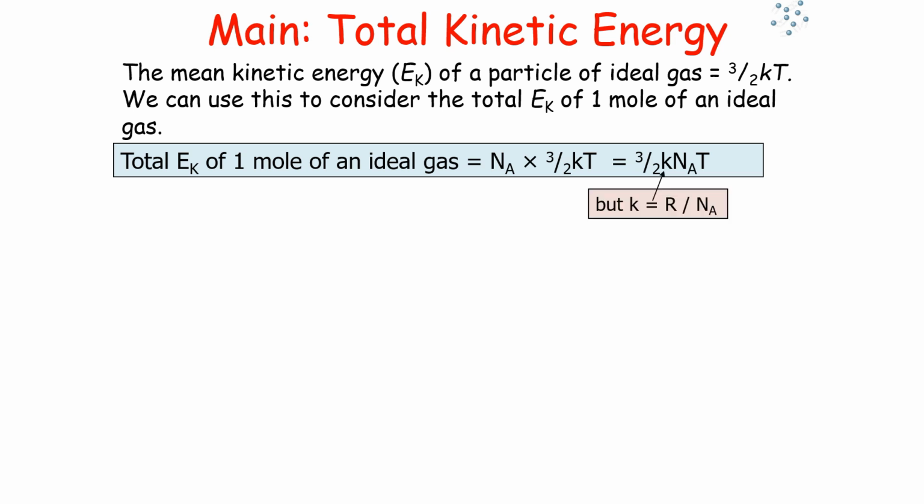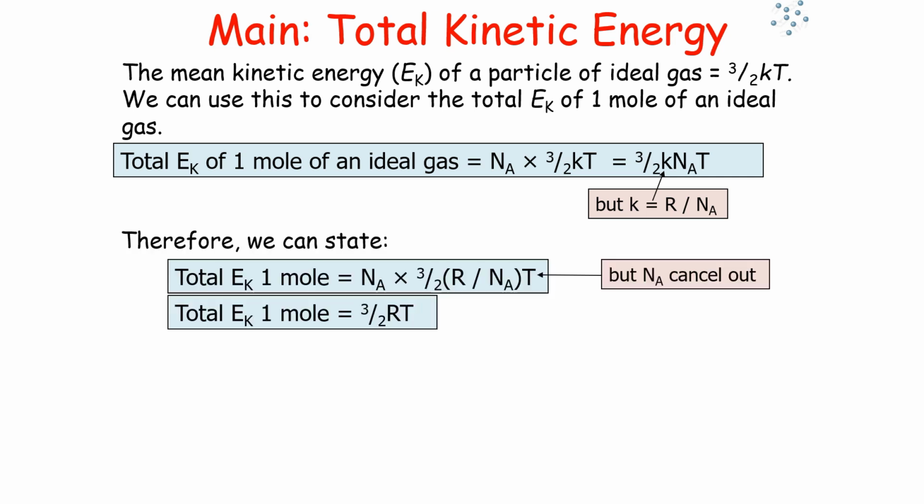But we also know that k is equal to R over N_A. So the kinetic energy of 1 mole is equal to N_A times 3 over 2 R over N_A times T. The two N_A's cancel through.